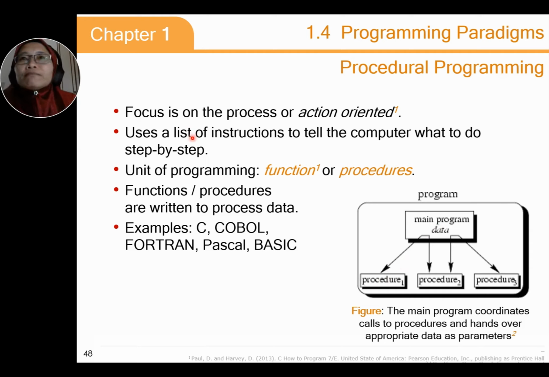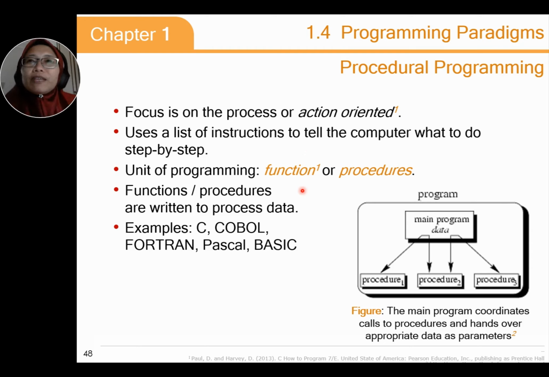In procedural programming, the focus is on the process; it is action oriented. Procedural programming uses a list of instructions that tells the computer what to do step by step.